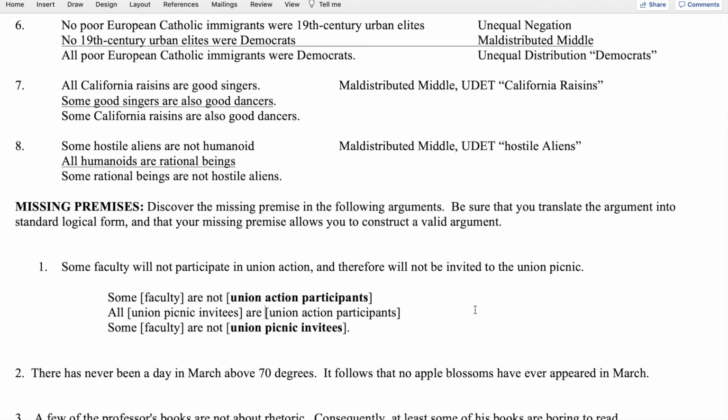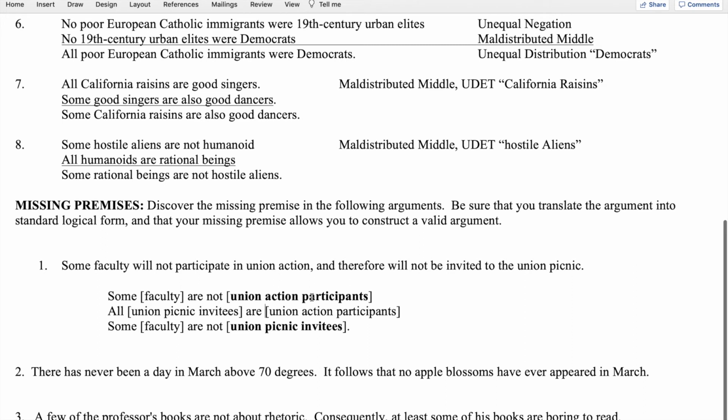Now let's move to number 2. There has never been a day in March above 70 degrees. It follows that no apple blossoms have ever appeared in March. Okay? So we see these two natural language sentences, which give us two natural language statements. We also have the argument indicator. It follows that.